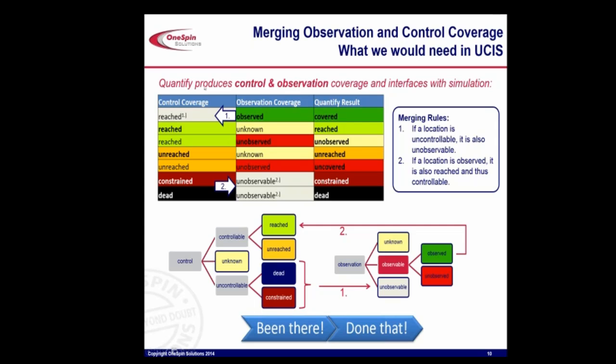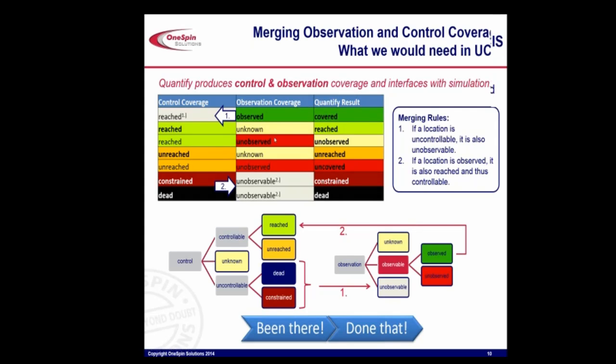And in the scheme, you see that you can merge these results back and forth, and some information travels one way and the other travels back. For example, if you have observed the statement, of course you have reached it, and that can actually be proven by the formal tool by producing a trace that demonstrates that. So this is the way it should work.